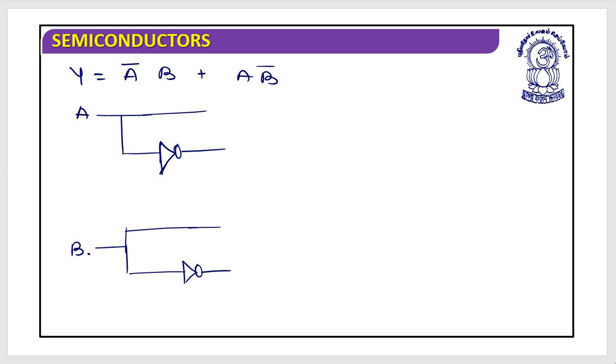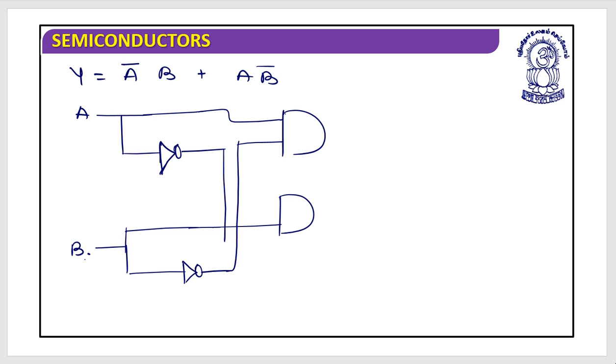So let's connect this A, and I need to connect this B bar over here. This is B bar, and this B has been already connected, and this is the A bar.